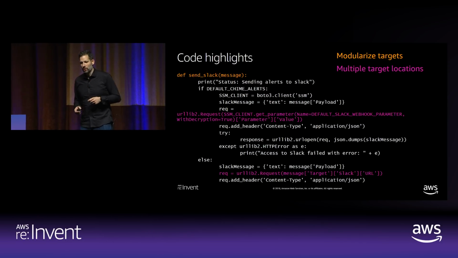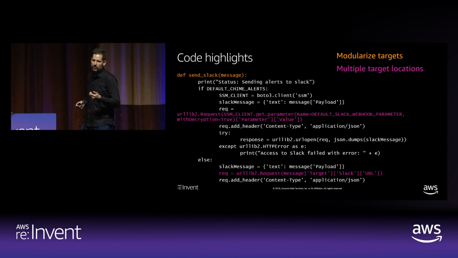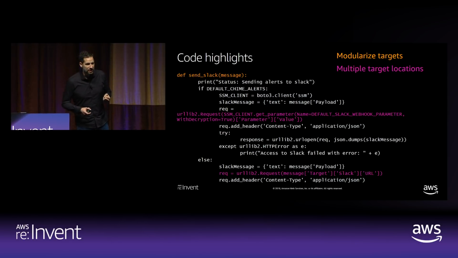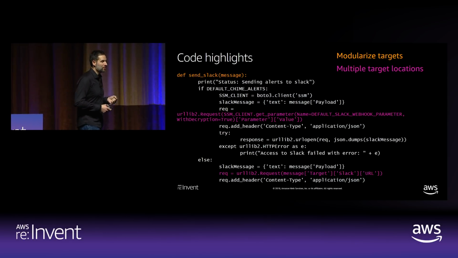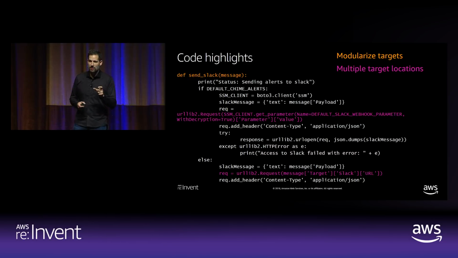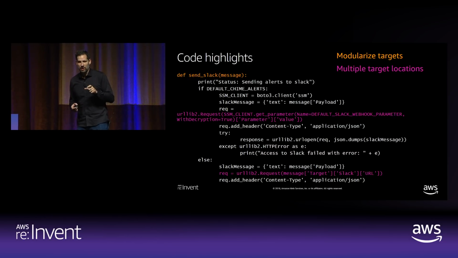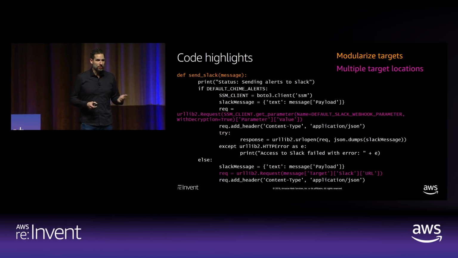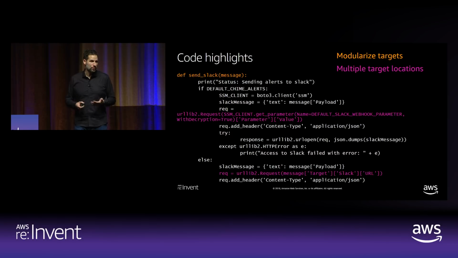There's also another thing I want to point out here. For the first example, we're using urllib. You see that it's using Parameter Store. If you want to send something to a location where you don't want to share that sensitive key, you don't want to share that HTTP endpoint, or it could be secrets, it could be access points, whatever it is, use Parameter Store or Secrets Manager, of course, if you have that as well.